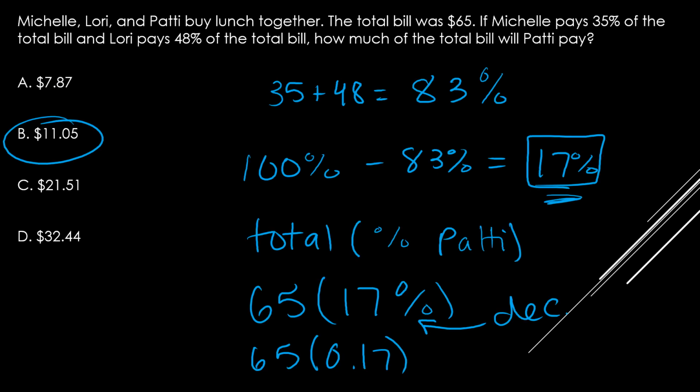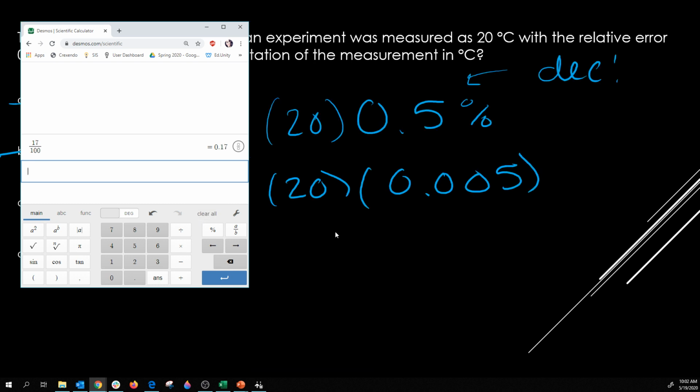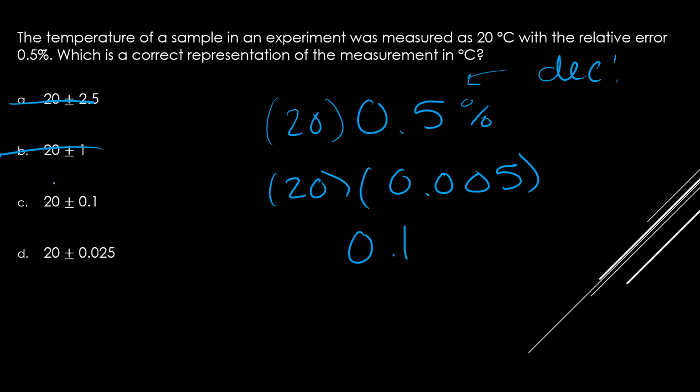And if we were to type that into a calculator, so we have 20 times 0.005, we get 0.1. Which tells me that the representation of the relative error that I would use here would be 20 plus or minus 0.1.